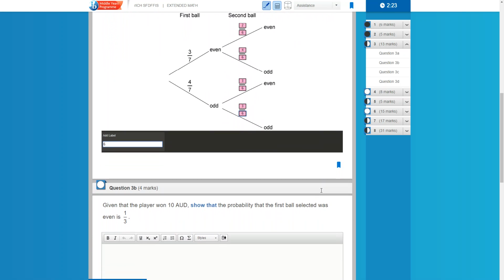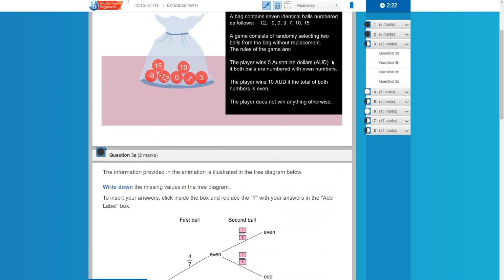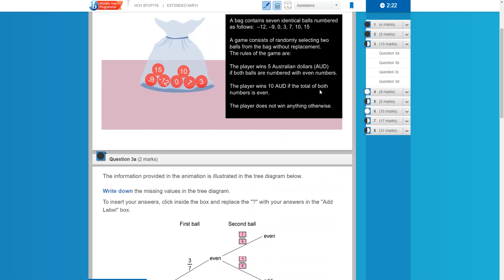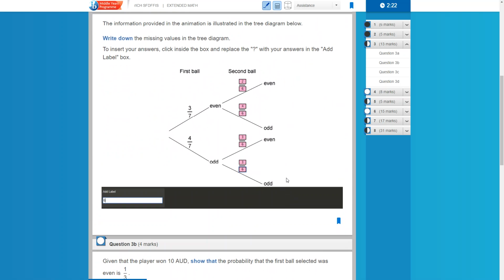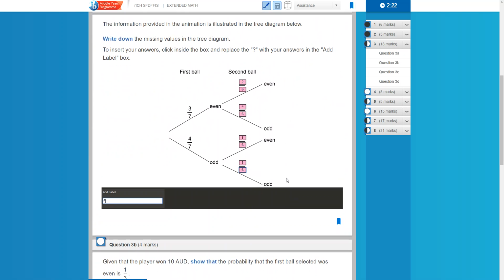Right, this is kind of similar to these questions that we talked about before in probability. Given that the player won $10 Australian, show that the probability that the first ball selected was even is 1/3, okay? So given he won $10 Australian, the total of both numbers is even. The total of both numbers.